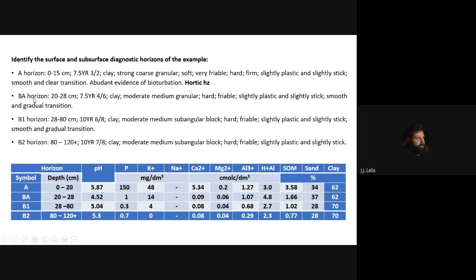We have some important information to calculate when we classify the subsurface diagnostic. One of them is the organic carbon content, and whether we can register a significant clay increase in the subsurface.